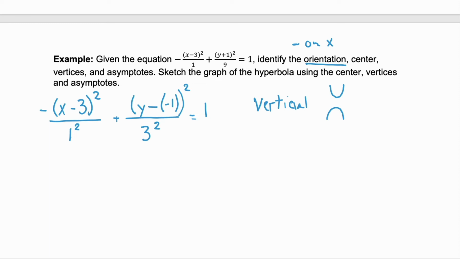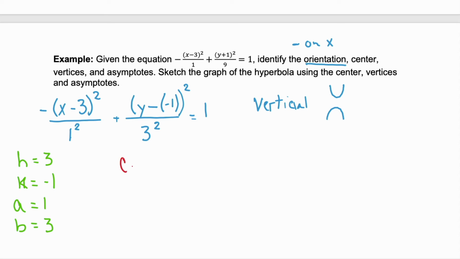Now let's identify all of those values we need. We know that h is equal to 3, k is equal to negative 1, a is equal to 1, and b is equal to 3.